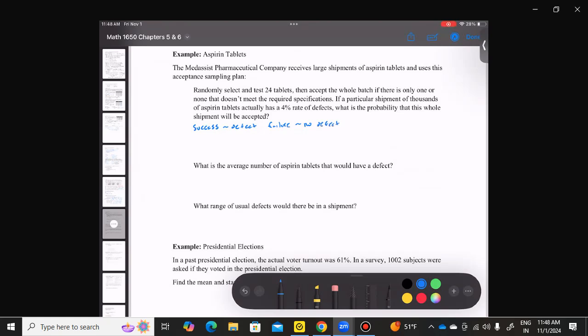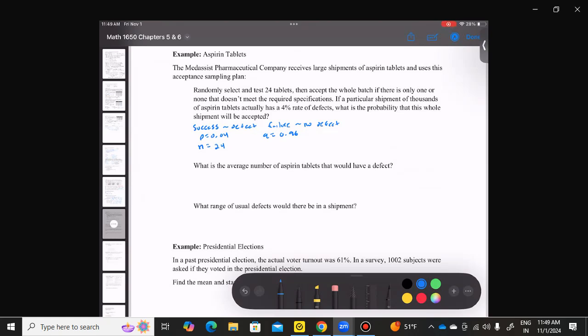Your probability of success is 0.04. Your probability of failure is 0.96. And your sample size is 24 tablets. And then we're going to consider each tablet to be independent.